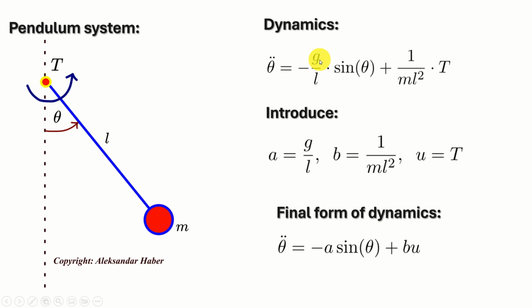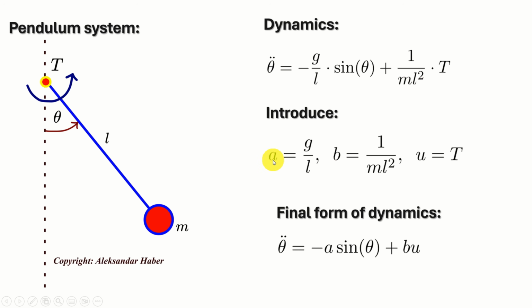G is the gravitational acceleration constant that is equal to 9.81. L is the length of the rod. Sine is a simple sine function. Theta is the angle of rotation of the rod. M is the mass. And T is the control torque.